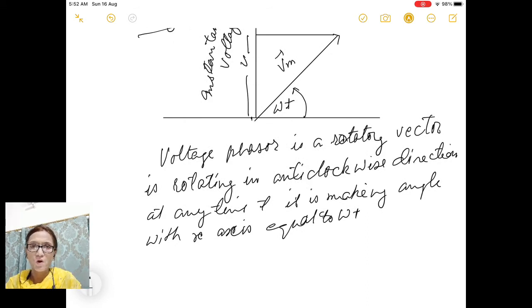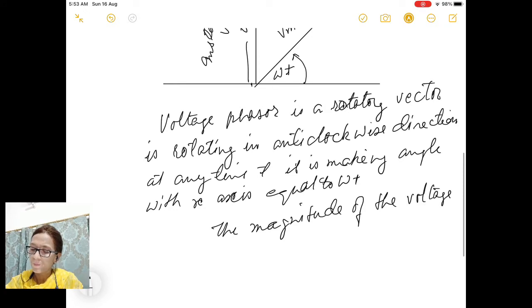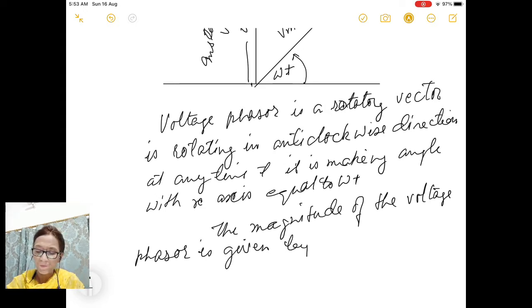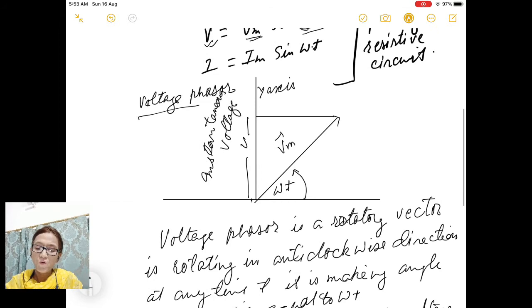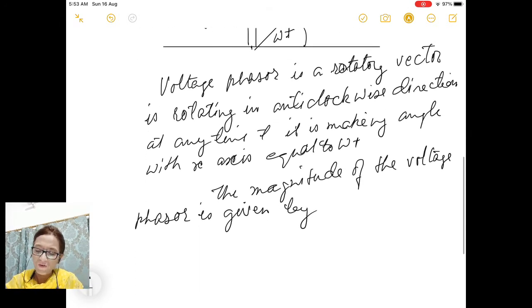The magnitude of this voltage phasor is given by the voltage amplitude, Vm.